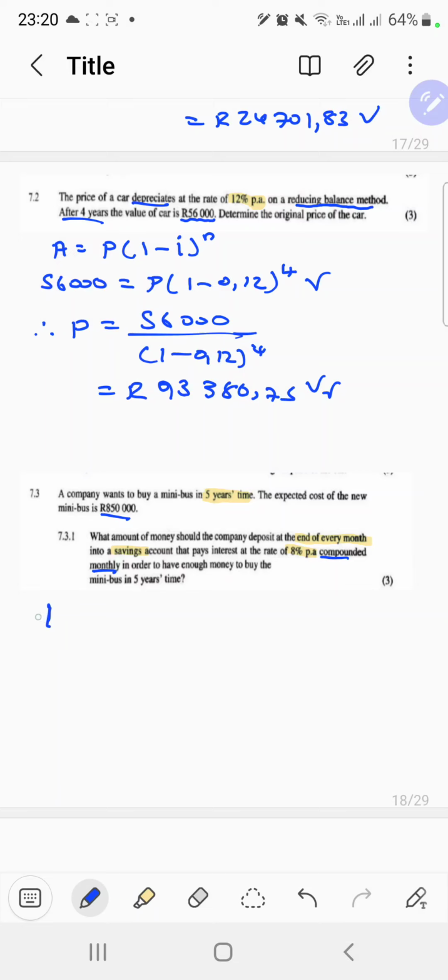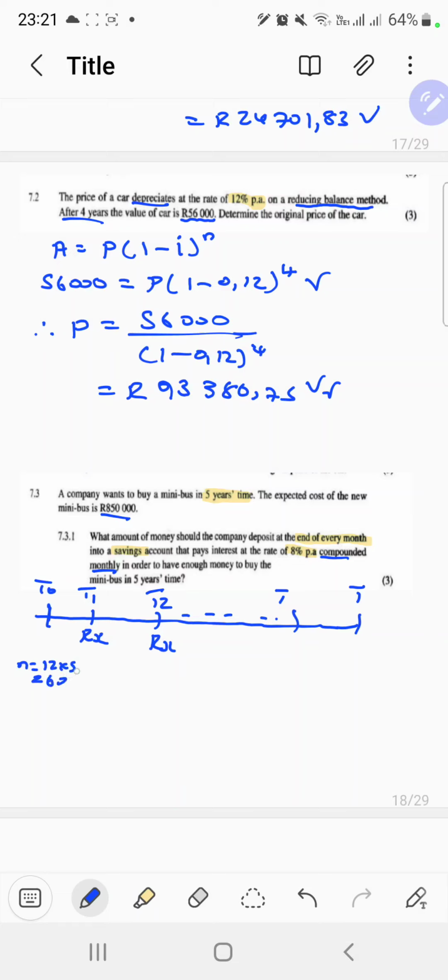This cannot be overly emphasized. At T0, there's nothing there. At T1, we're paying this X amount. This is what we want to find out. And then at T2, we're paying our X amount, and then it goes on to Tn. Let's just solve. This is 5 years compounded monthly, so n is basically going to be 12 by 5, which is 60.